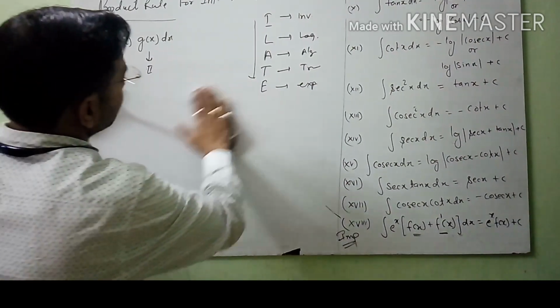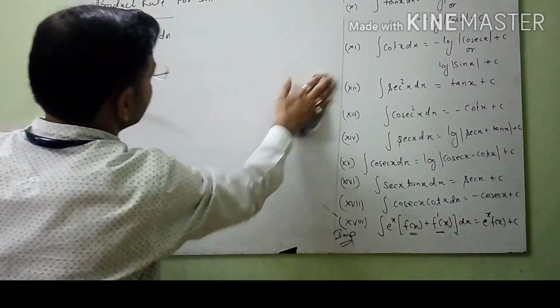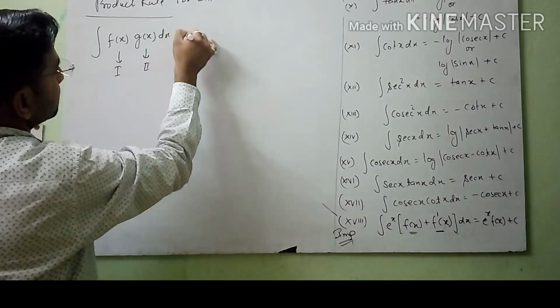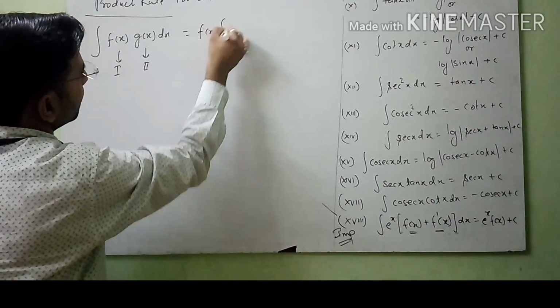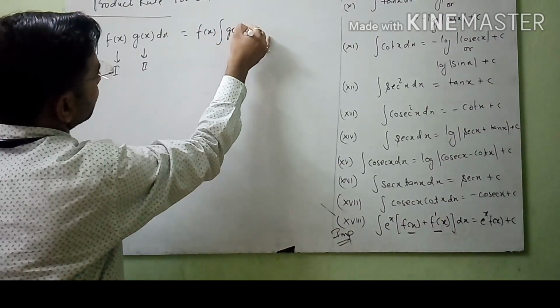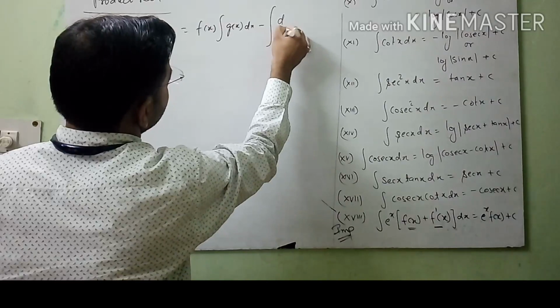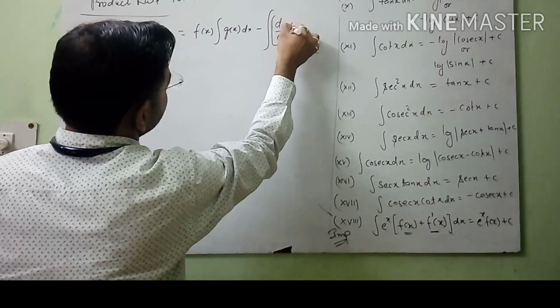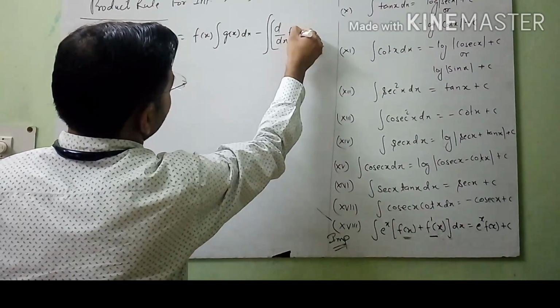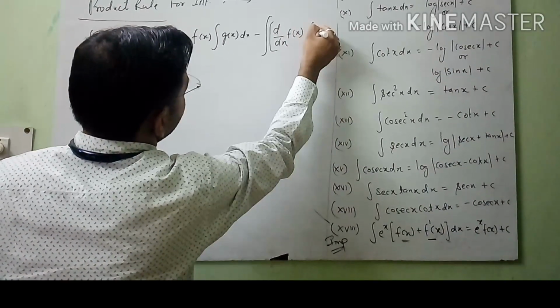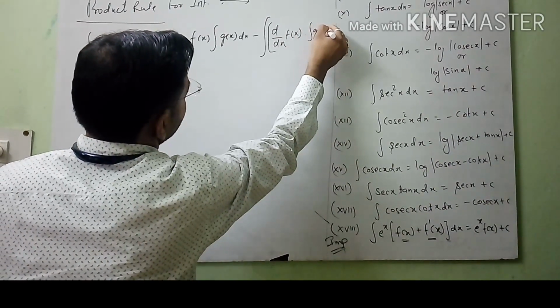Suppose f(x) is our first function and g(x) is our second function. How will we write it? See here: first function times the integration of the second function, clear students, minus the large integration. Inside this integration we will write the differentiation of the first function into the integration of the second function.